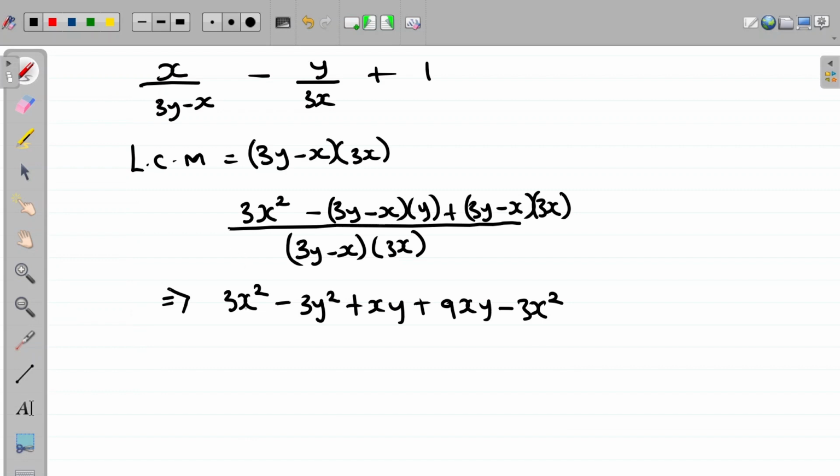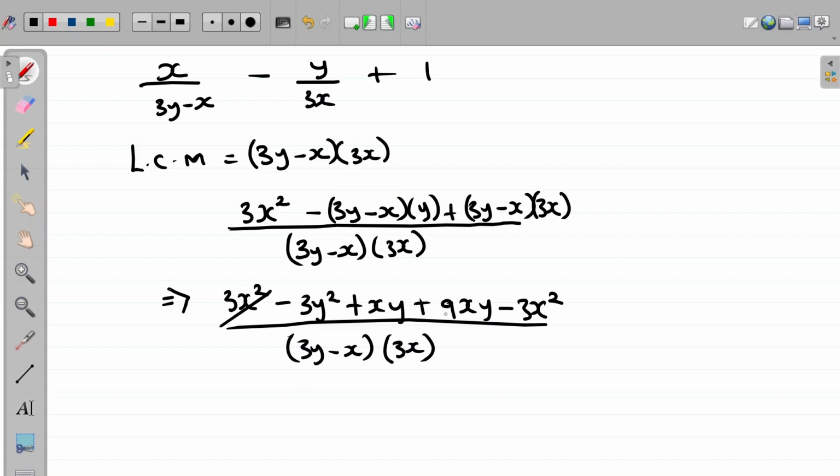Everything will be divided by our denominator, 3y minus x, 3x. So at this point, we can further simplify our numerator.